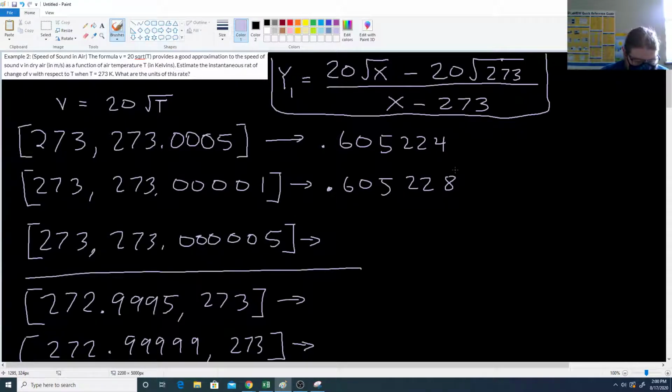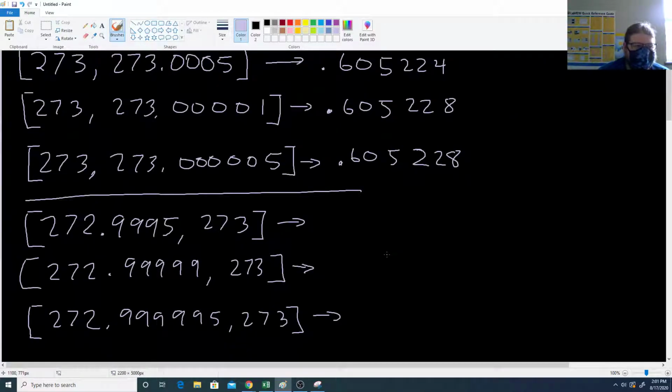How about 273.00000 and then a 5, and I get back 0.605228 again. Hang on, I typed that in wrong. 0.605228. Yeah, okay, so we got that.